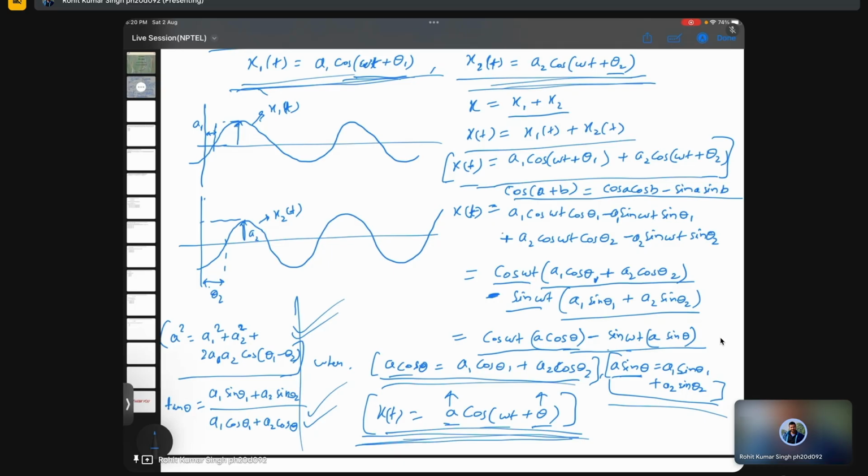Now what happens when you have two waves with a slightly different frequency? Here you saw that the frequency of the two waves that we superposed was the same, okay. But this cannot be a real life scenario, right?